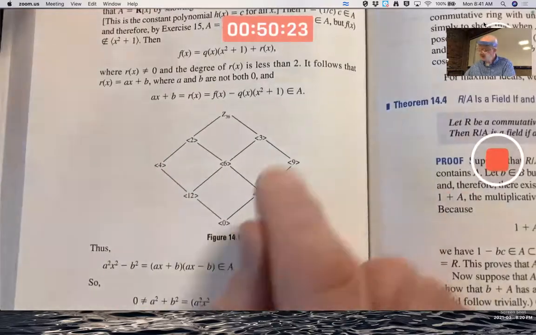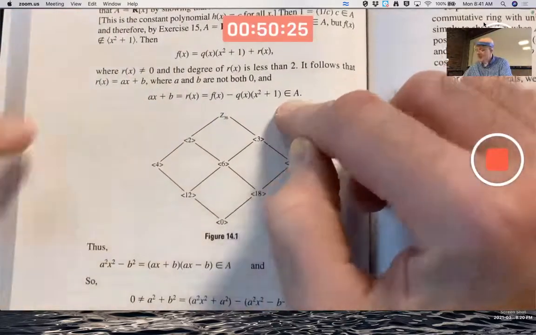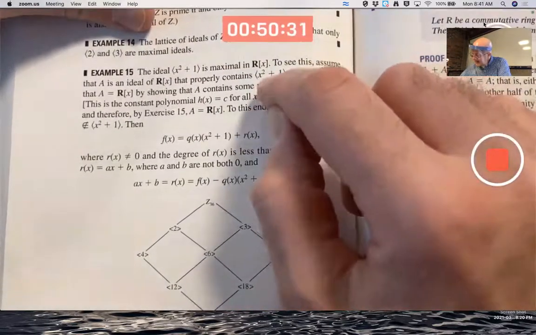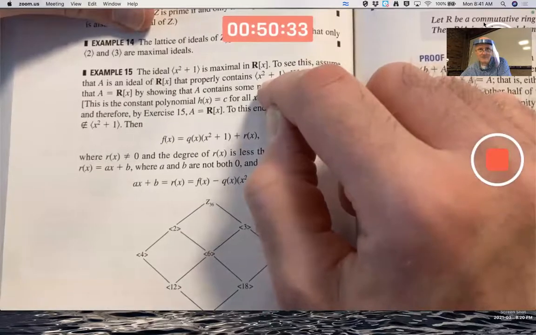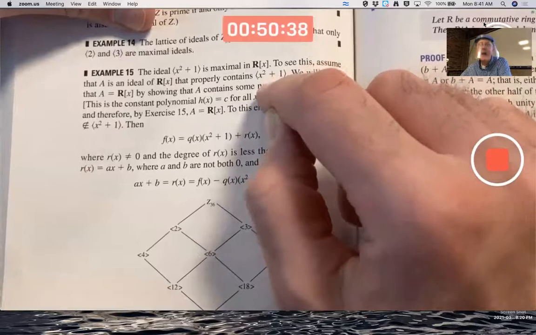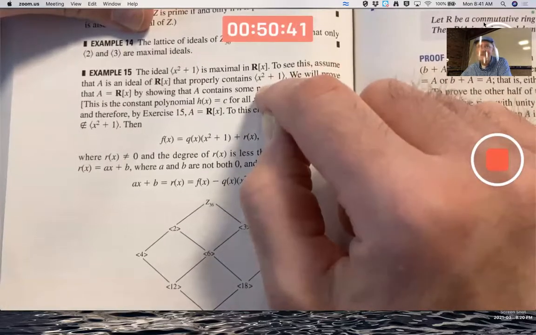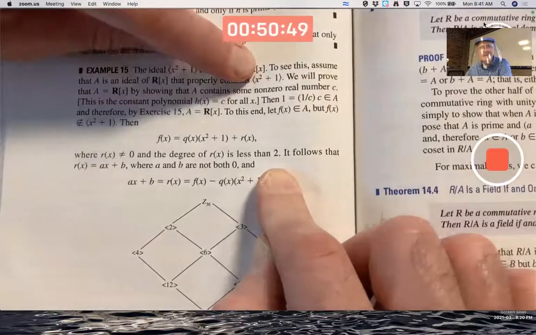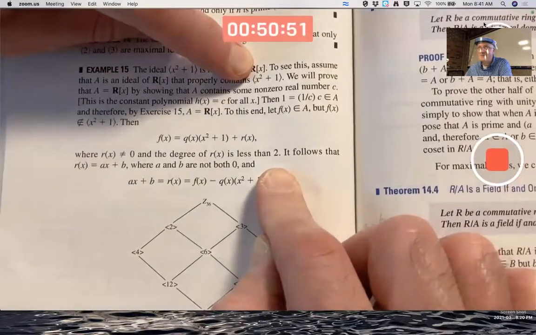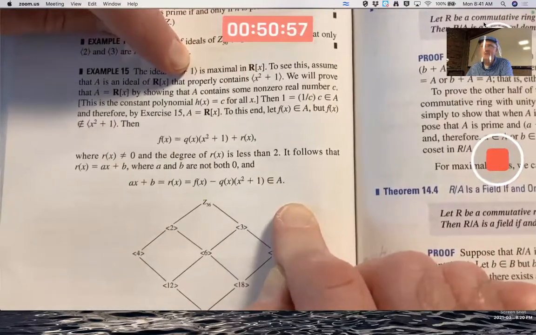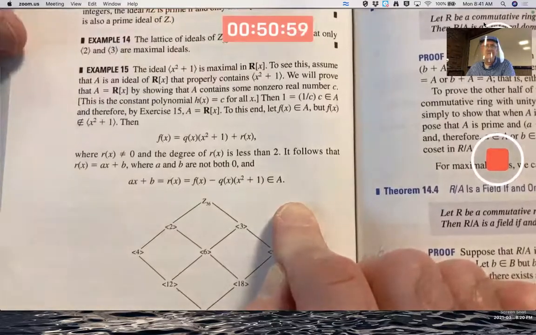Okay, that clears up my confusion about this too. A properly contains this ideal, so it doesn't equal it. There are some things in A that are not in this ideal. However, everything in this ideal is in A. A does contain it. So x squared plus 1 times q of x is in this ideal here. Therefore, it's also in A because A properly contains it. That's the fix of my confusion.